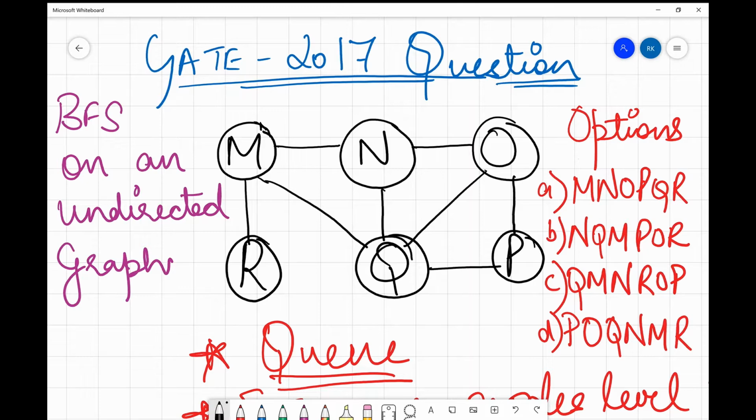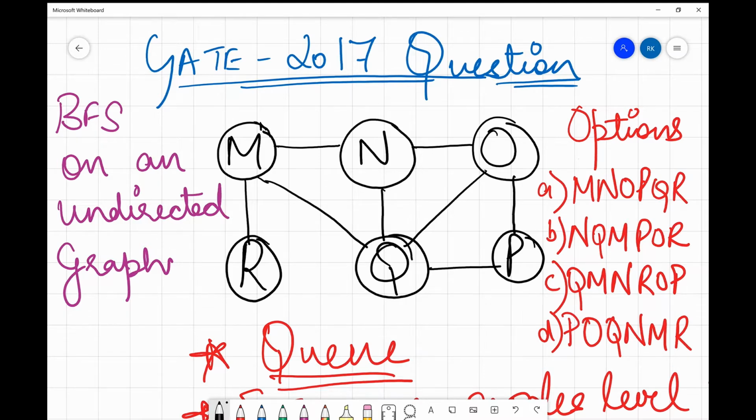So what is my approach? I start with the first vertex, which is M. Because I've been given four options, I'll start with the first node of each of these four options one by one: M first, then N, then Q, and then P. So I'm not talking about one BFS traversal, I am talking about four BFS traversals.